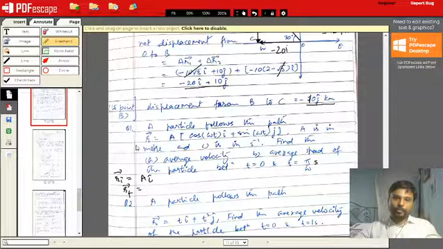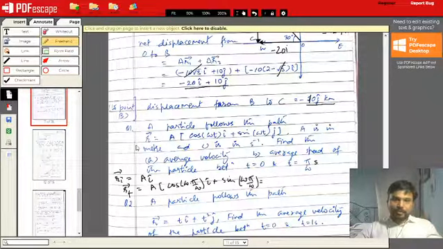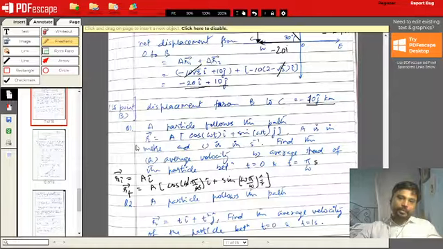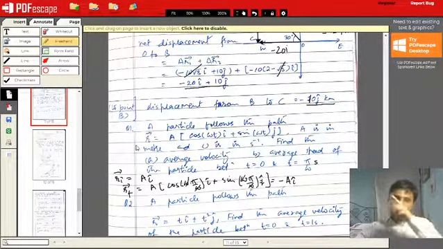The cos of omega into pi by omega would be cos pi, and the sine term, omega into pi by omega, sine pi. So cos pi is minus 1 and sine pi is 0, so it would be minus a i cap. So the displacement of the particle delta r would be minus 2a i cap.